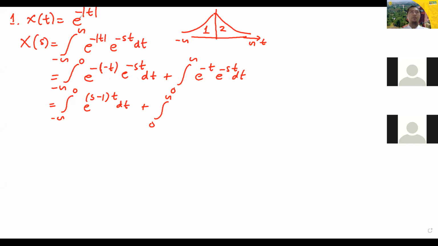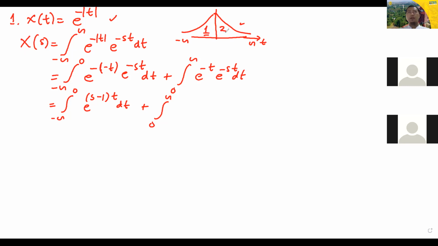Okay. Maybe I will repeat for a while. So this is the x(t), and at the x(t) we can draw, maybe for visual representation and easy understanding, something like a mountain with the slope here, and the negative part and the positive part here, and then we split it into two areas.